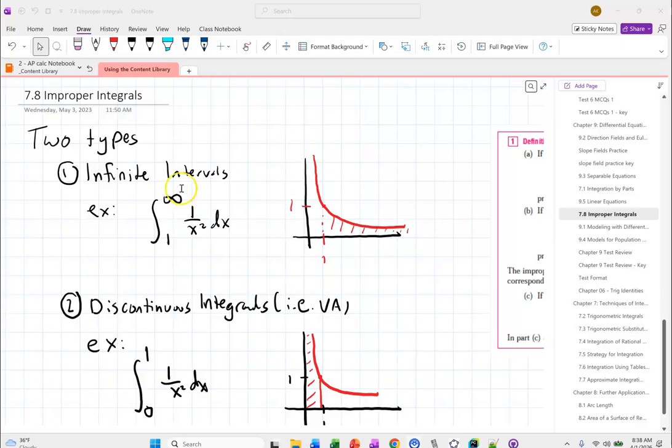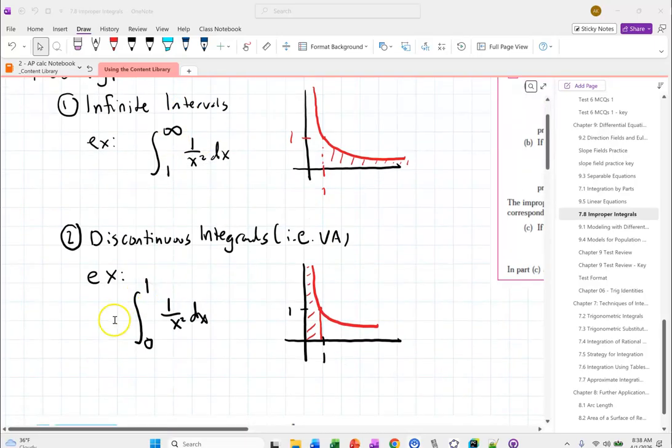So you can have an improper integral because one of the bounds is infinite. Or take an example of the integral from 0 to 1 of 1 over x squared. Again, this area under the curve is unbounded because it's occurring at a vertical asymptote, right? One of the boundaries is a vertical asymptote.